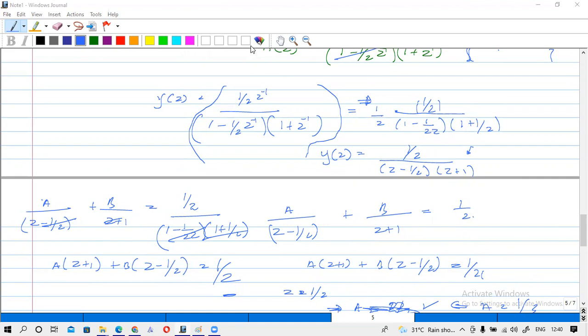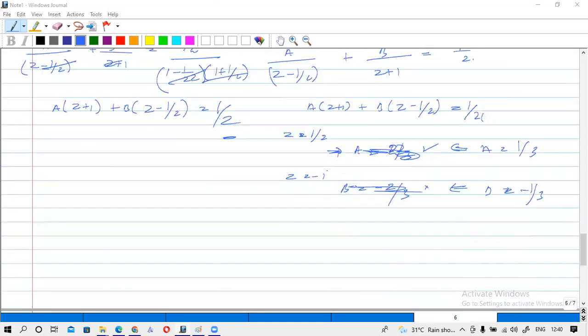Actually, I couldn't remember that. Okay, thank you. I think it is okay. So maybe this kind of partial fraction you can do. If you can't remember, please refresh your mind.